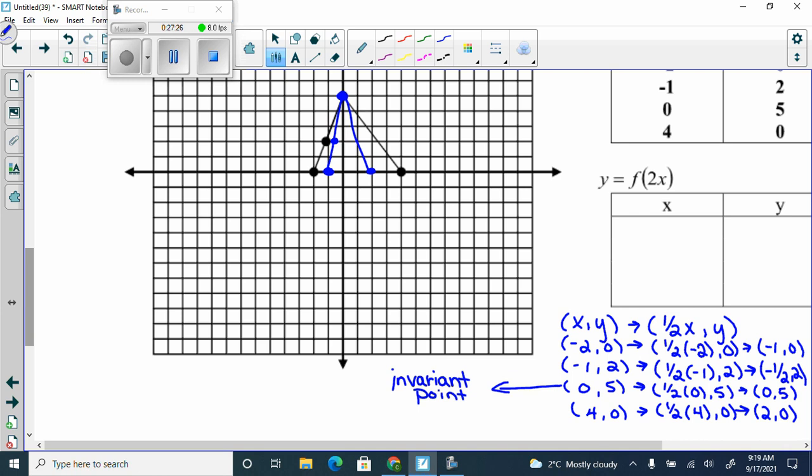So it squished it, which makes sense because all my x's got halved, right? So a wider graph would now be narrower. So it's the opposite of vertical. Vertical, when your y is a fraction between 0 and 1, it actually gets it wider. For horizontal, it squishes it.